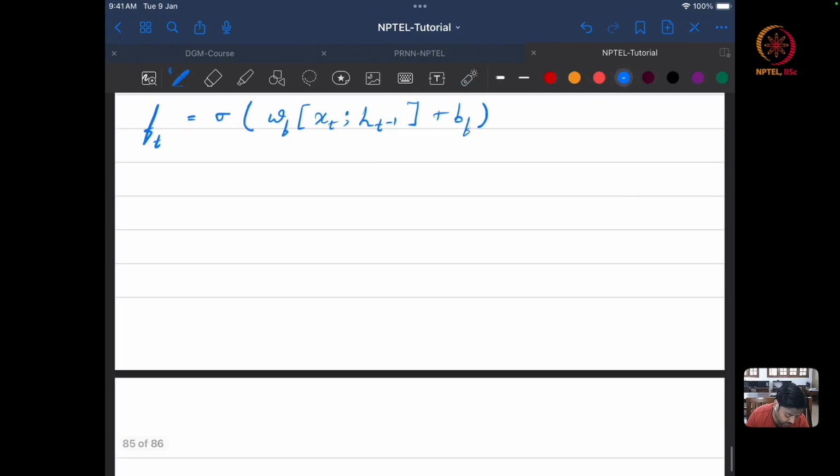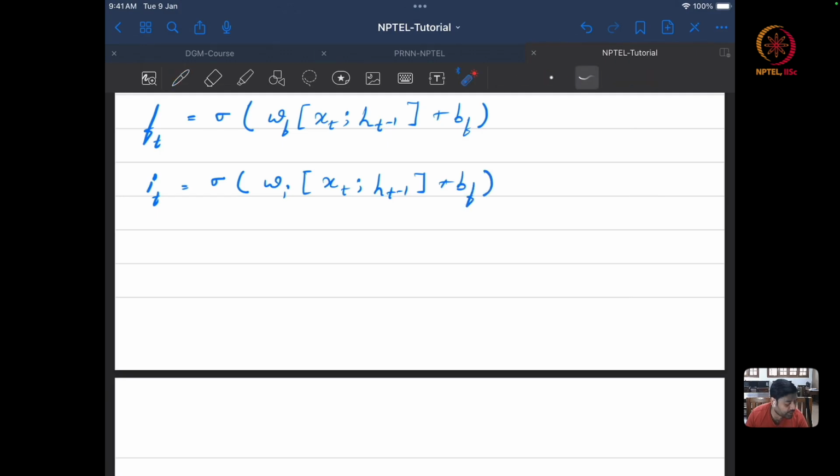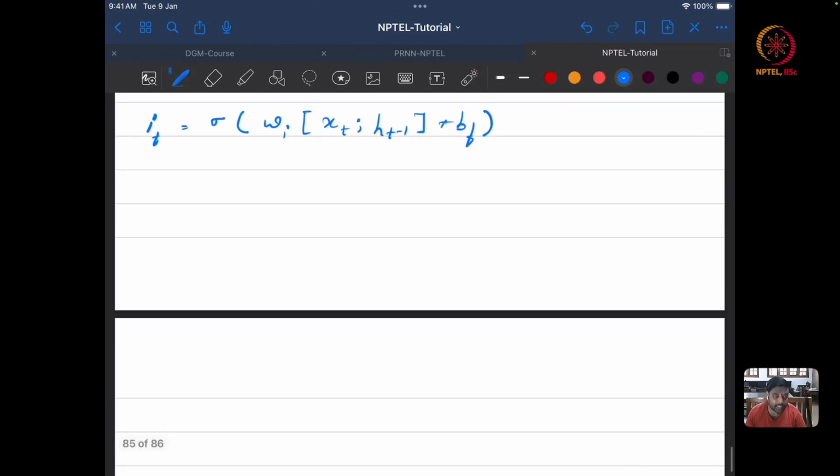And then we have the input gate. The input gate is again WI applied to XT and HT-1. This is again a sigmoid activation, some kind of a percentage. It tells you how much percentage should be added.